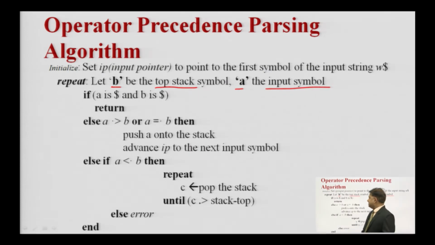There are two conditions: if the current input symbol has higher precedence than the top of the stack, or equal precedence, then what we do is push the current input symbol on top of the stack and advance the input pointer to the next input symbol, right.